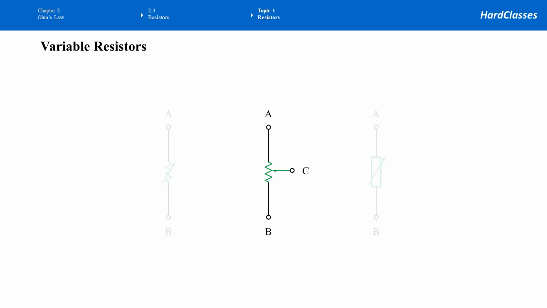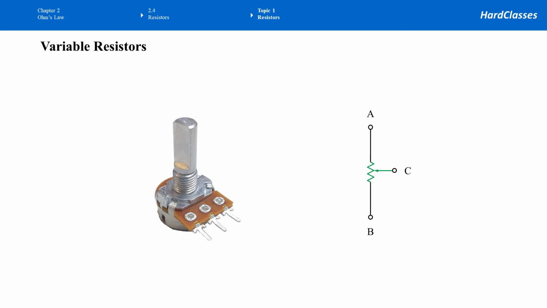The user can simply slide this arrow up and down or back and forth to change how much resistance is used. We're going to talk about the potentiometer in the next few slides. The third symbol is just like the first one, but instead of using the zigzag shape, this resistor uses the rectangle symbol.